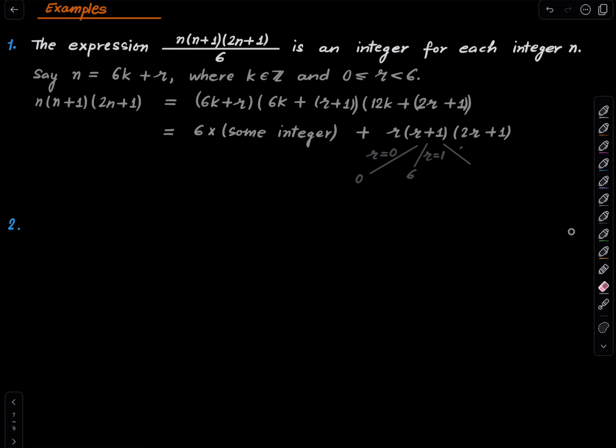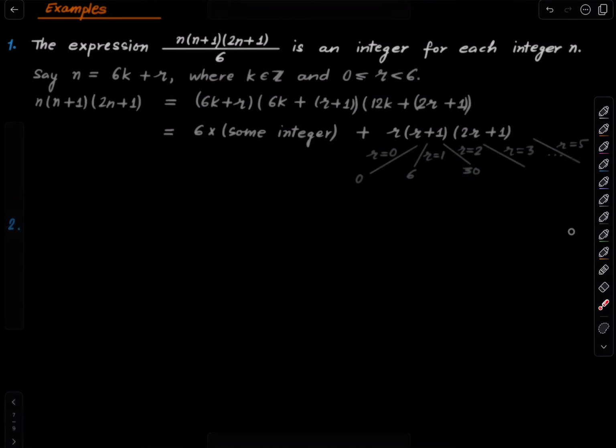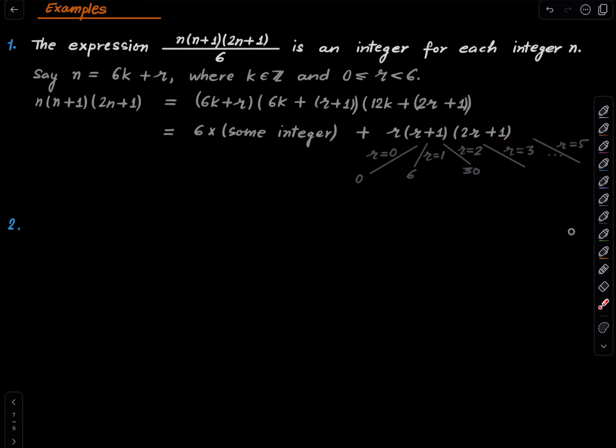When r is 2, this is 2 times 3 times 5, which is divisible by 6, because that is equal to 6 times 5, 30. And so on. You can compute for other values, 3 and 4 and 5, up until r is equal to 5. So you'll see every time this term is divisible by 6, and that's it.